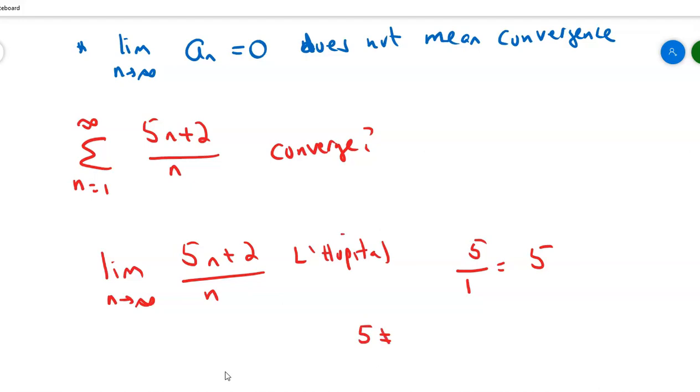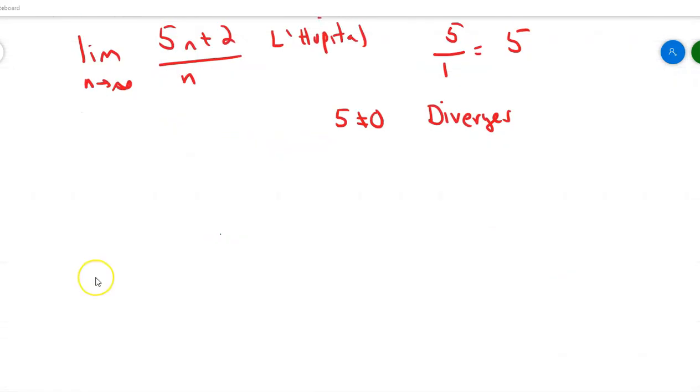That means that the limit as n approaches infinity is not 0. Therefore, this series diverges. So you might want to start making yourself a list of all the different tests and also what those tests mean. So in this case, the limit of the nth term is not 0, therefore it diverges, and we're done.